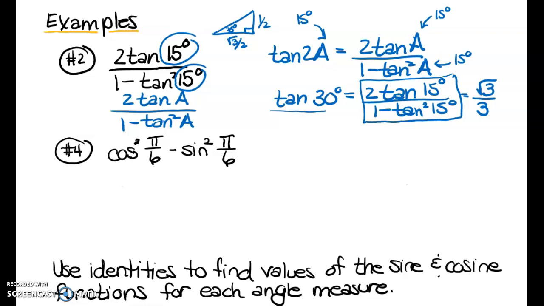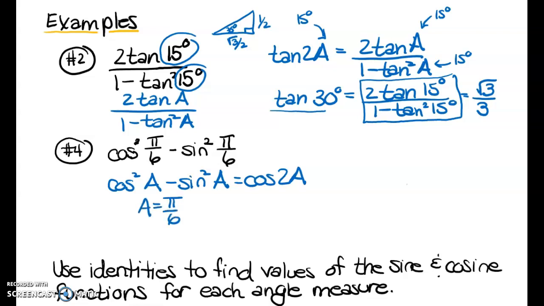So how about this one? I know you guys know what pi over 6 is, but I do want to set this equal to one of my double angle formulas. So I know I've got a double angle formula that looks like this, and that equals the cosine of 2 times the angle. So in this case, a is going to be pi over 6.